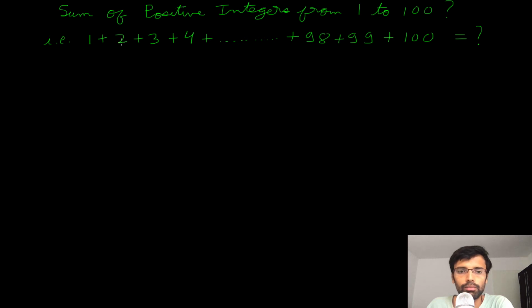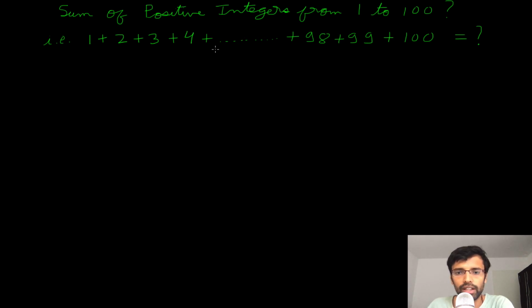So you have 1 plus 2, 3, 3 plus 3, 6, 6 plus 4, 10, 10 plus 5, 15, 15 plus 6, 21, 21 plus 7, 28. And then you can continue like that until you reach 100, and then you can get to the final answer. But as you can imagine, once you start to do this, you will find that it is very cumbersome.